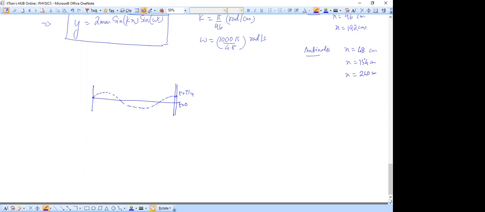So these 3 points are the nodes. So this is 96 centimeters, this is 192 centimeters. Whereas these three in between points are the antinodes, which are at 48, 154 and 240.